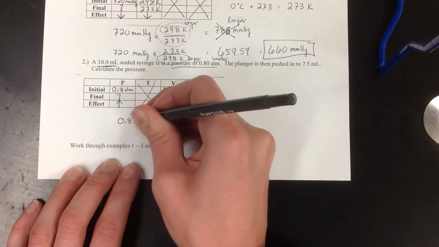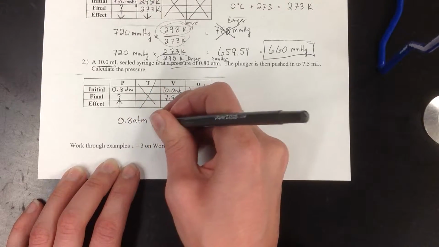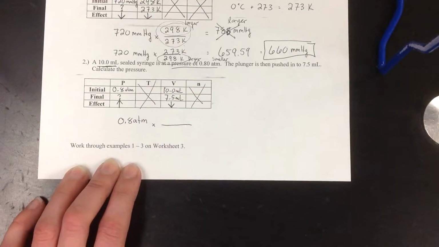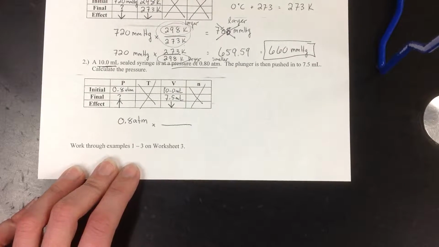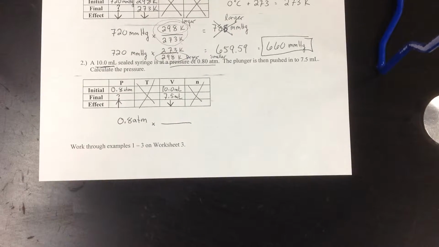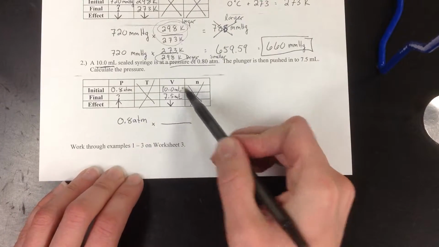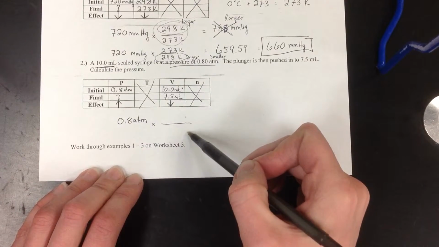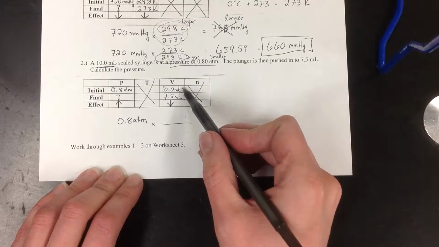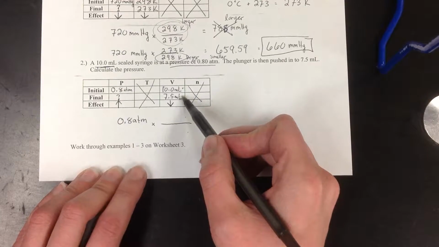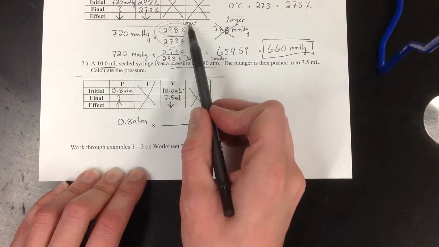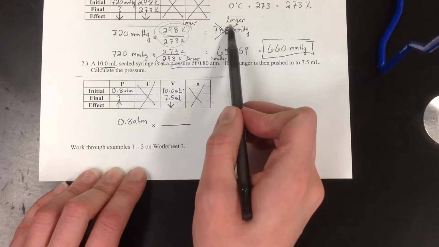So 0.8 ATM, I'm going to start with the pressure. I'm going to set up my factor. Now, my 10 is either going to go on the top or on the bottom. Well, 10 is bigger than my 7.5. So I found out earlier that if I put my larger number on top, my answer gets larger.